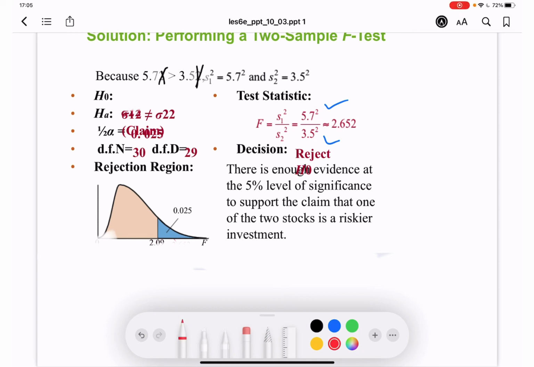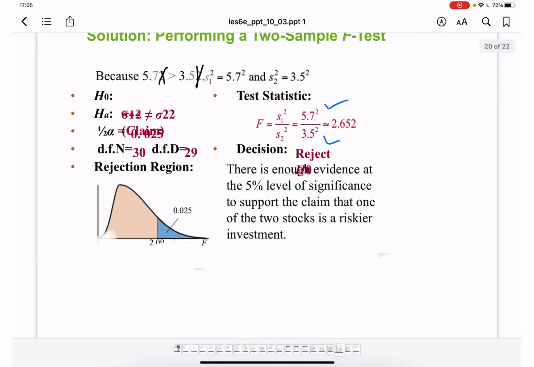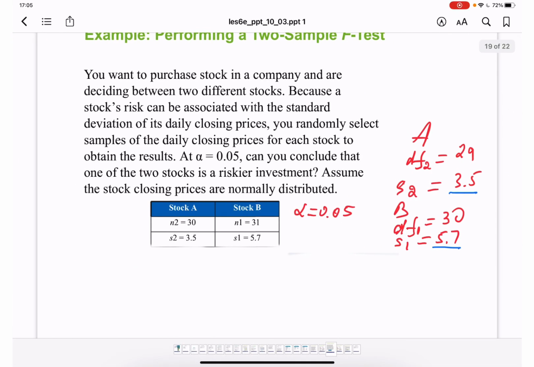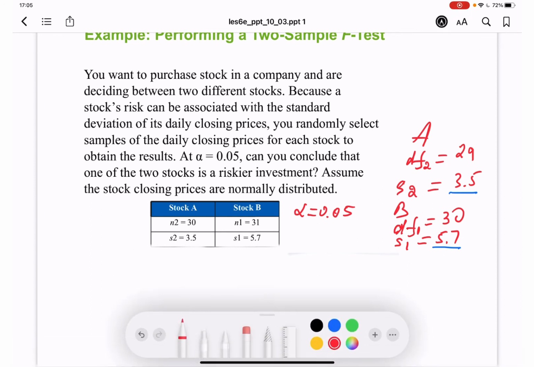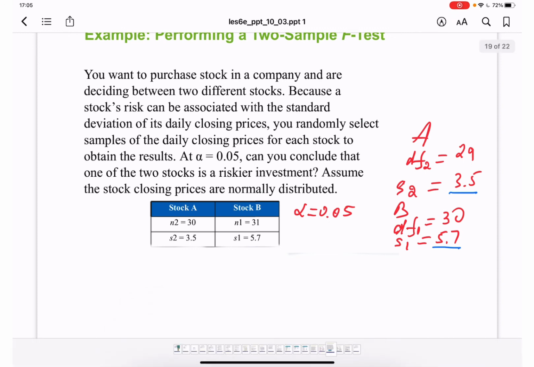Now, since we have a two-tail test, right? If we need to find the difference between two stocks, whether they are equally risky or not equally risky, therefore it's going to be a two-tail test.